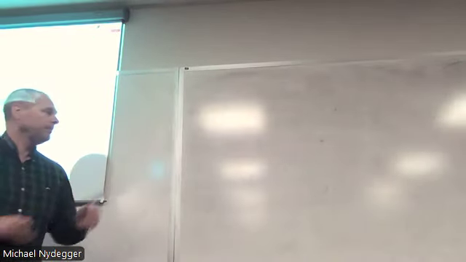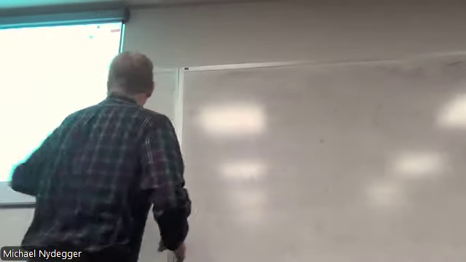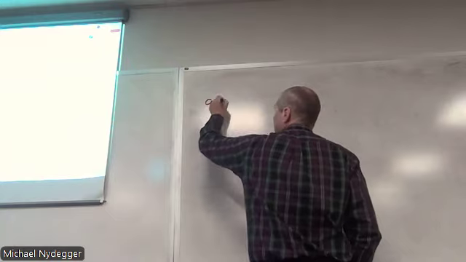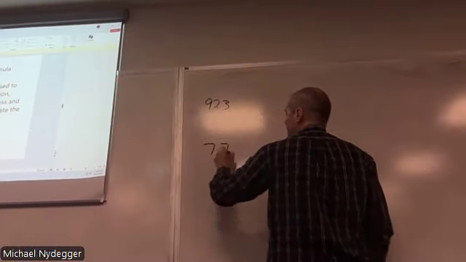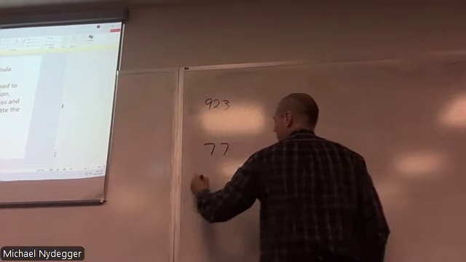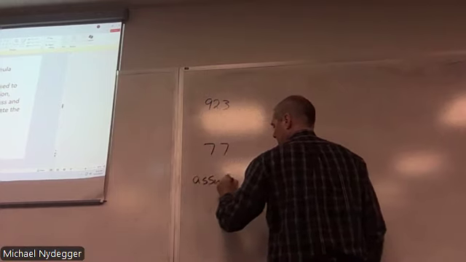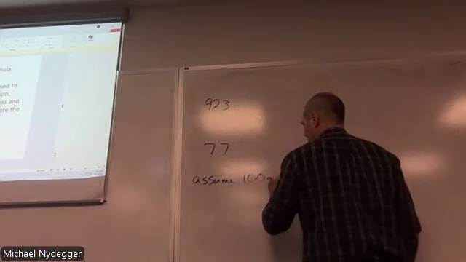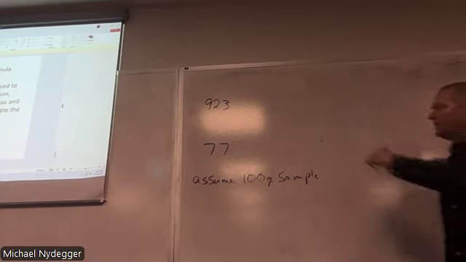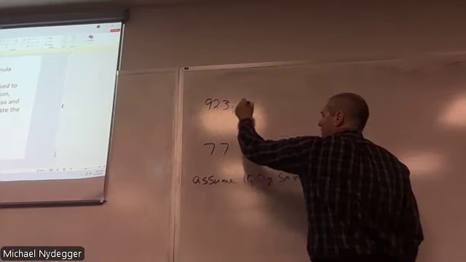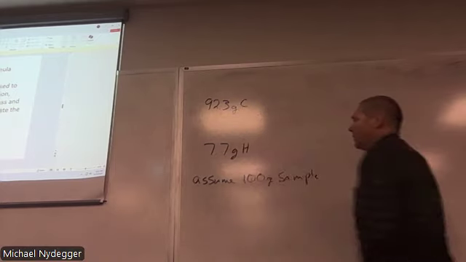The first thing I do is I write all the percentages. 92.3, and then this is going to be 7.7. Now, if I assume a 100-gram sample, then these percentages become grams of that substance.